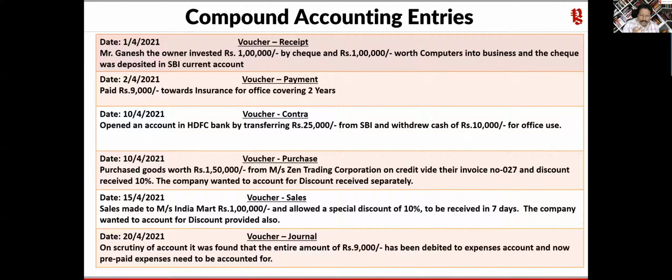First, the first one is again a receipt voucher. In the receipt voucher, we are saying that Mr. Ganesh has further invested additional capital of 1 lakh by way of cheque, and he has also given 1 lakh rupees worth of computer for business, which means he is introducing capital by giving an equipment, a computer, to the business, which now is going to form part of fixed assets for this company.